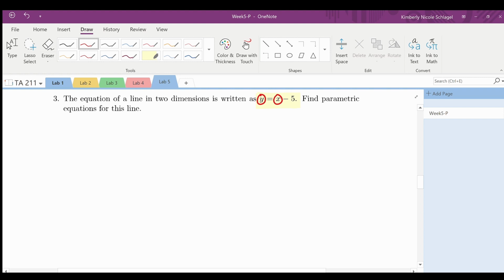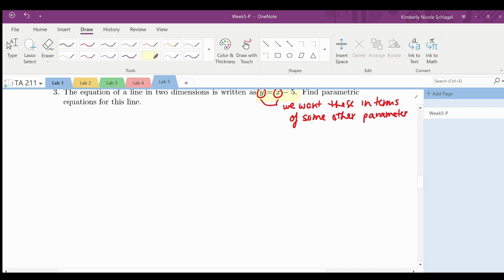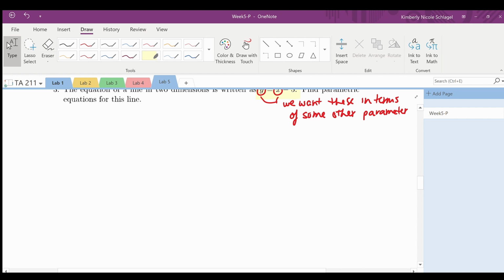We want to write these in terms of some other parameter. So let's start with what we know.